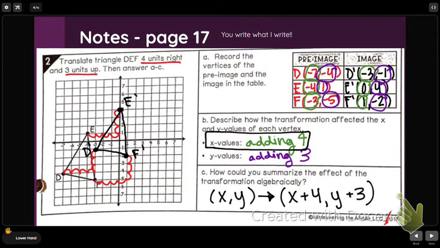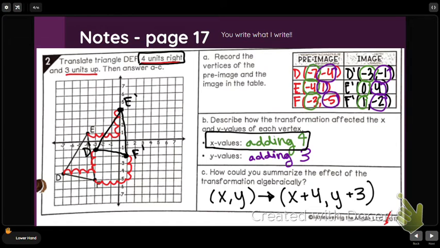Well, if we go back and look at our translation description, 4 was talking about a movement right. If you look at the previous example, the x values decreased by 5 or subtracted 5, and that translation said that it was moving 5 left.